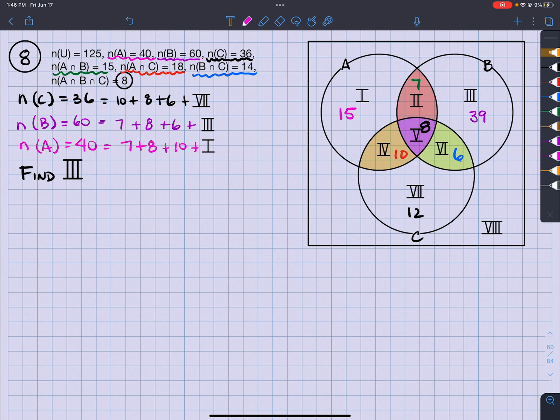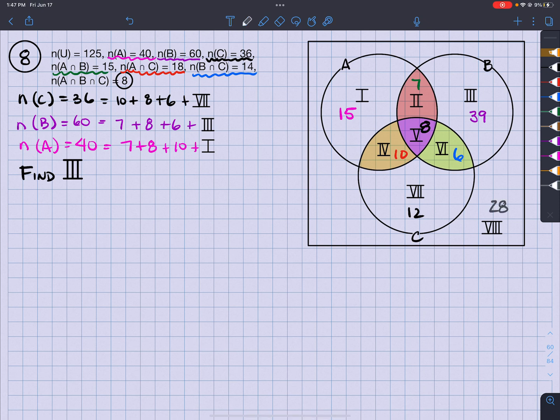So the cardinal number of the whole thing is 125. So I would take the 125 and subtract every single one of these regions to get that last spot. So I would do the 125 minus 15 minus 7 minus 39 minus 10 minus 8 minus 6 minus 12, and that is going to give me a 28.